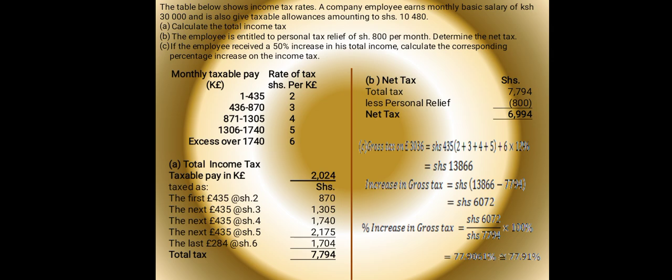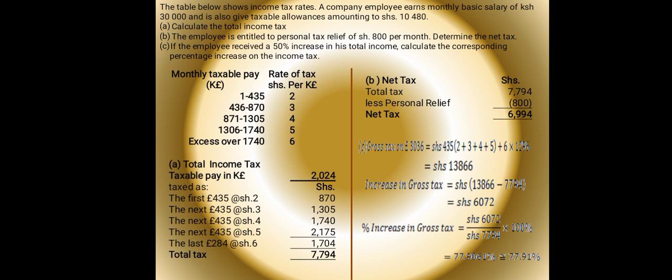We saw that the gross pay of this employee before an increase was 2,024 Kenyan pounds. Now what about if it's increased by 50%? The pay will go up to 3,036 Kenyan pounds.